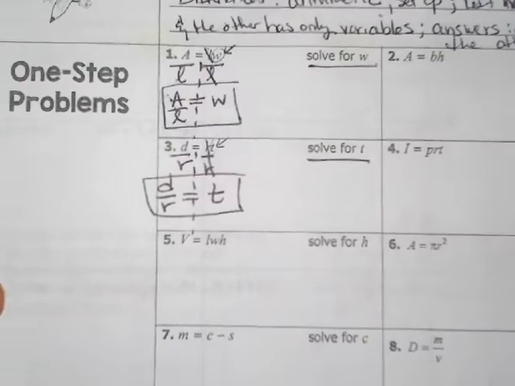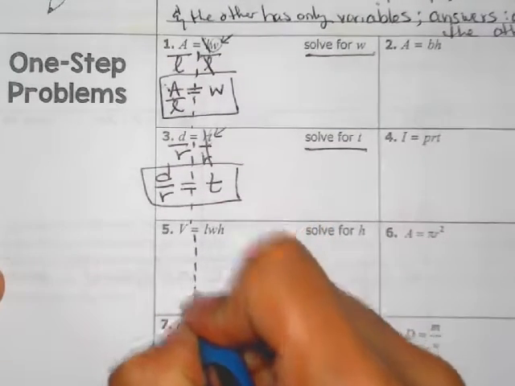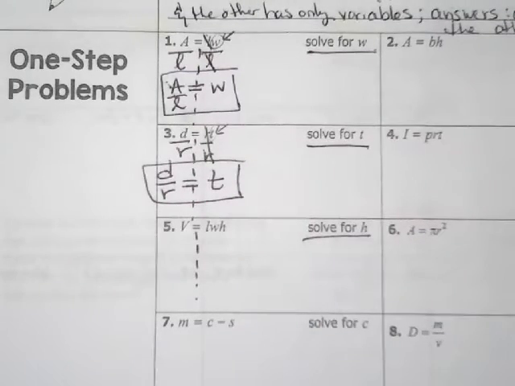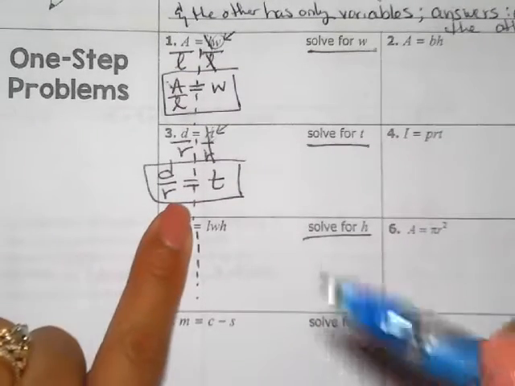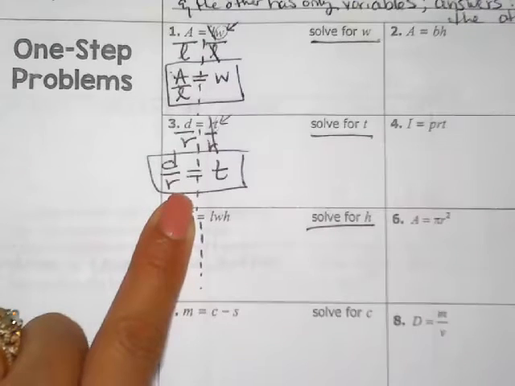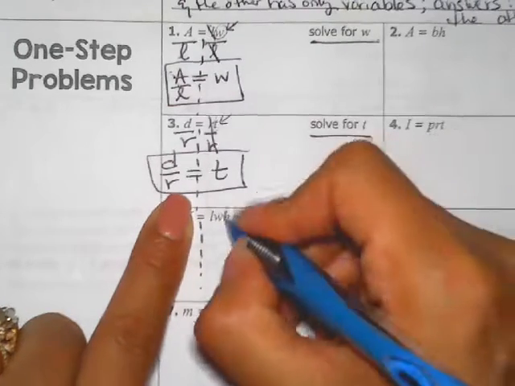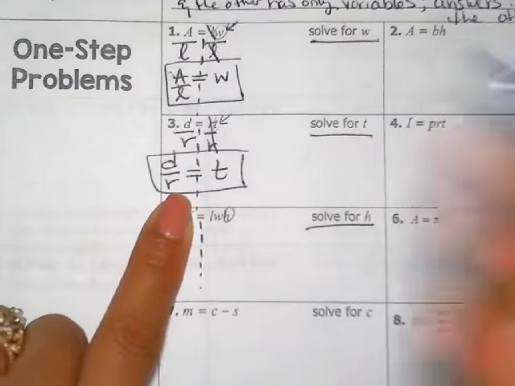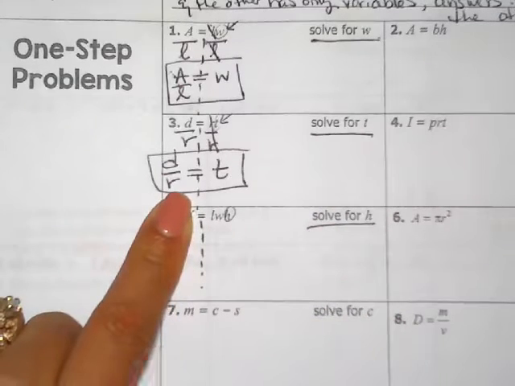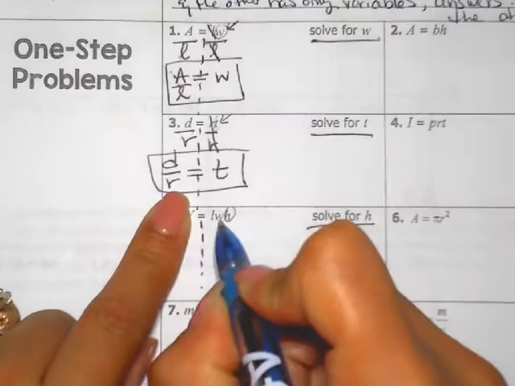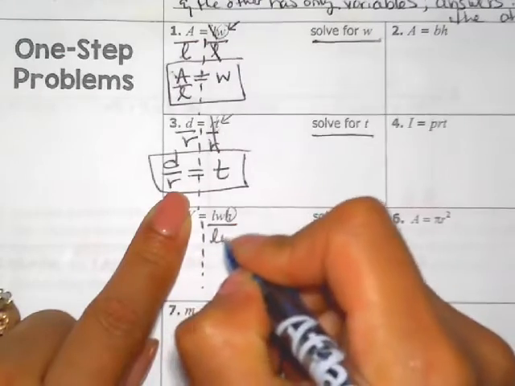Number 5, draw your line going down. We're solving for H. Lindsay, I'm going to cover the left side. On this right side, what do we want to do? Circle the A. That's what we're going to start. Alright, then what do we want to do? You actually can. Because all of these are being multiplied, I can just divide by 2 at a time.